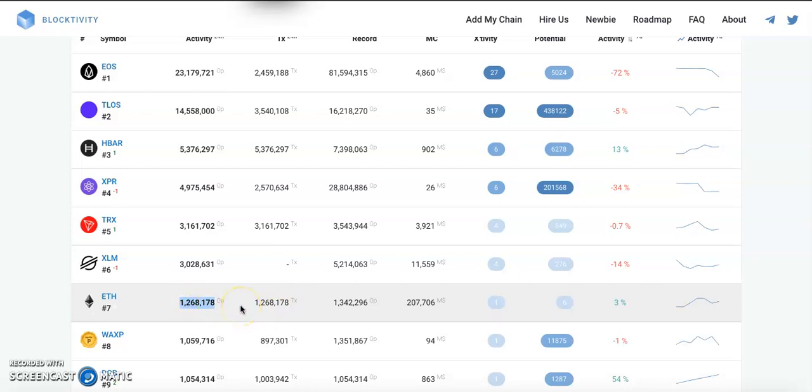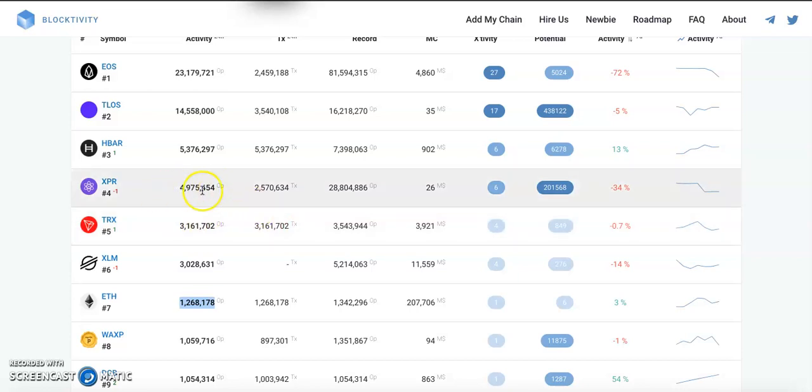It's exactly the same thing, making Ethereum not as robust as it's supposed to be. As you can see, Tron is more okay. It has more transactions, but transactions and operations are the same thing.